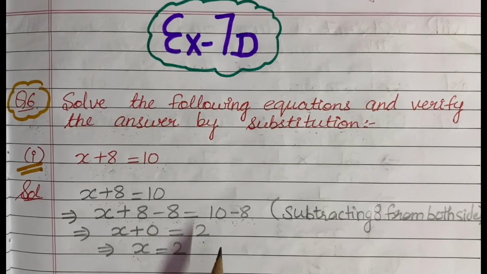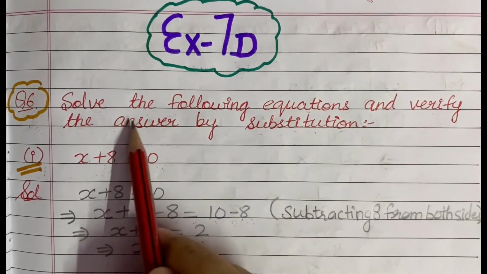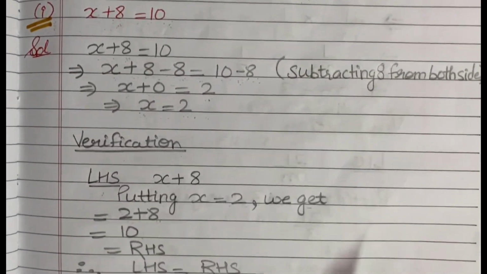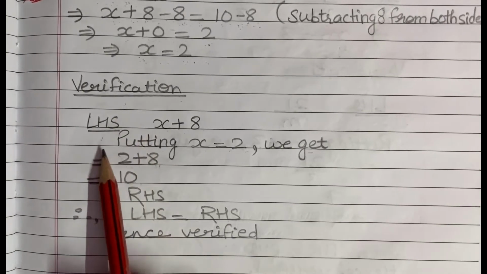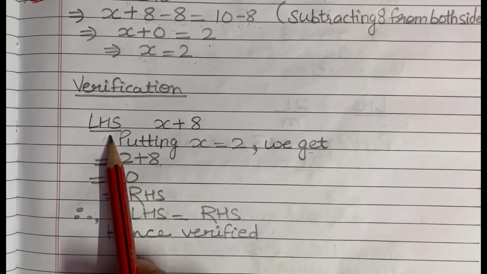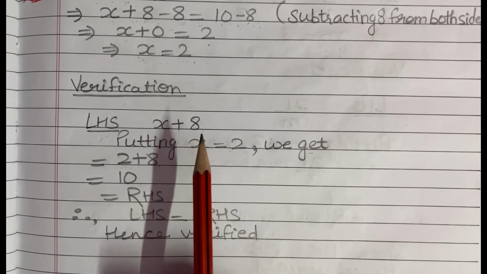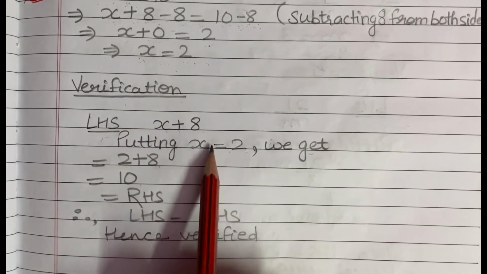Now students, in the question it is also written to verify the answer by substitution. So that means we have to do the verification, and for doing the verification we will write the LHS, and our LHS is x plus 8. Now here we will put the value of x which we have found above, that is x equals 2.